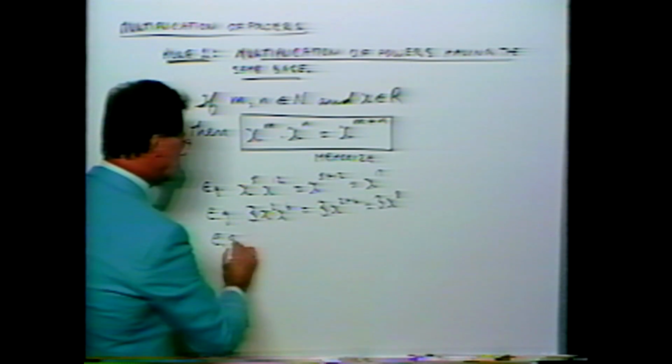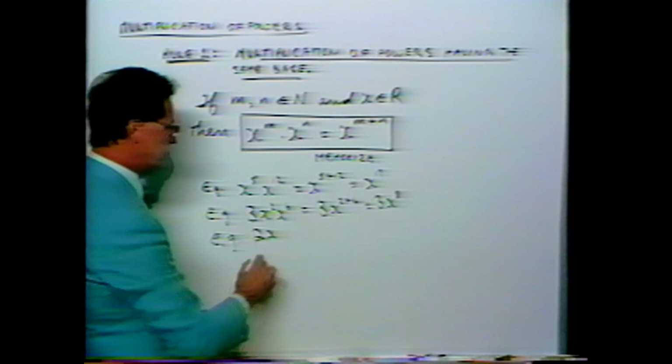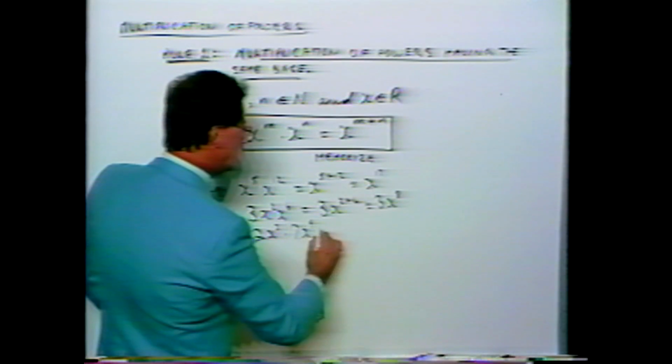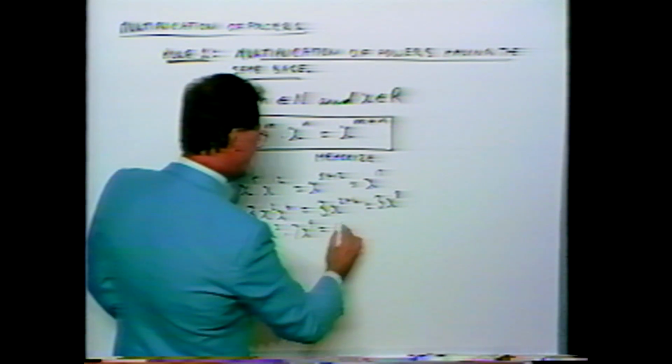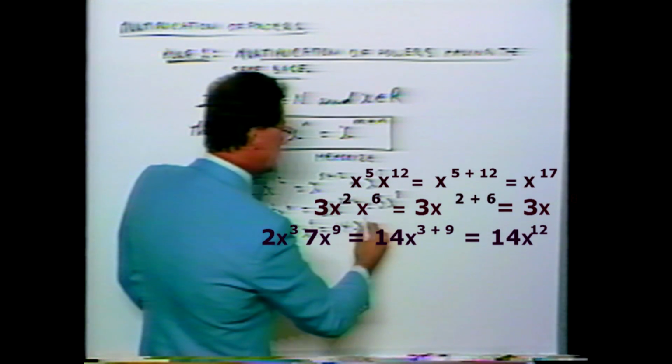Another example, 2x to the 3rd followed by 7x to the 9th is equal to 14x to the 3 plus 9, which is equal to 14x to the 12th.